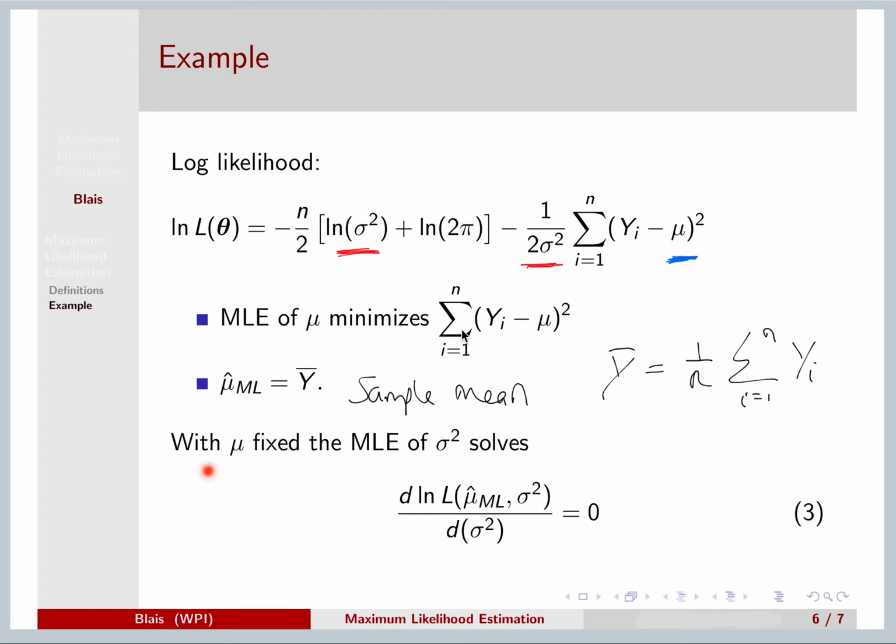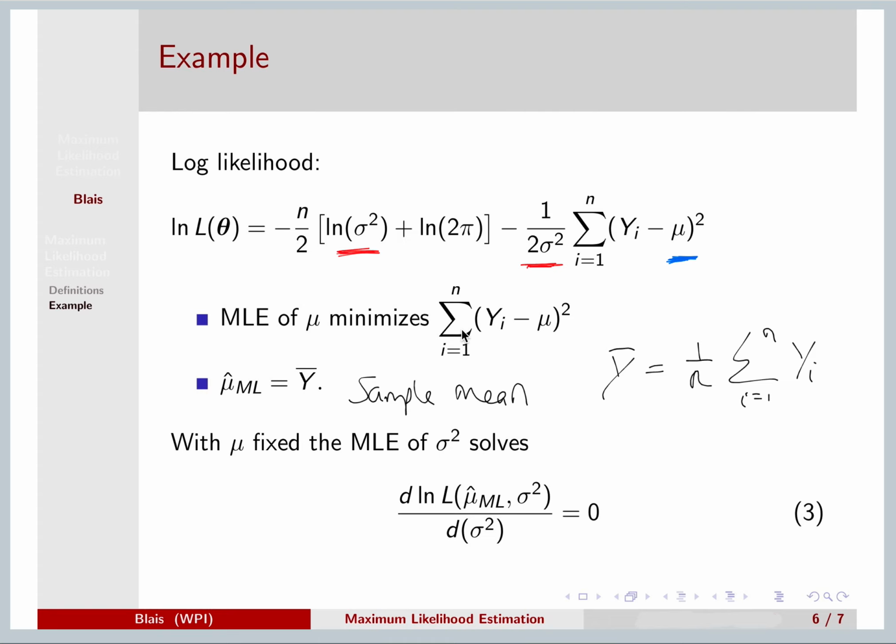So we now consider that fixed, and now tackle this in terms of the sigma squared term. But with mu fixed, this is now a function of one variable, sigma square. And our goal then is to take the derivative of the log likelihood with respect to sigma square, set it equal to 0, and solve.